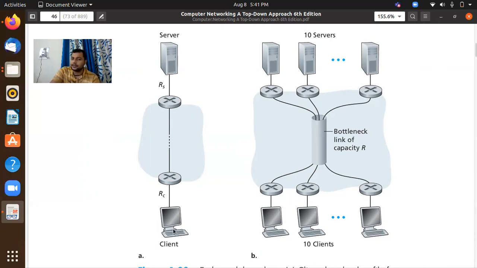But as a client, because we are poor people and we can't afford the high bandwidth, we generally access the network with the least bandwidth possible. So this RC is the bottleneck. That's why when as a client you access any server and you are facing a serious bottleneck issue, it is probably more on your side rather than on the server side or the network core side.